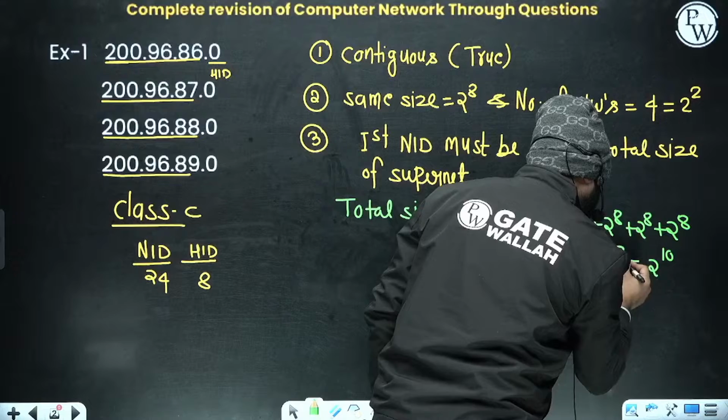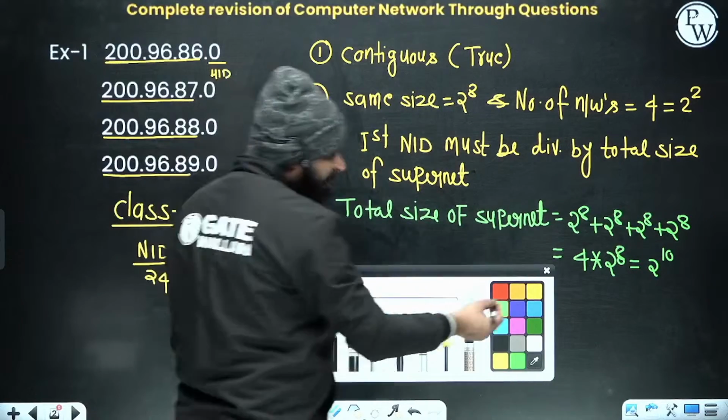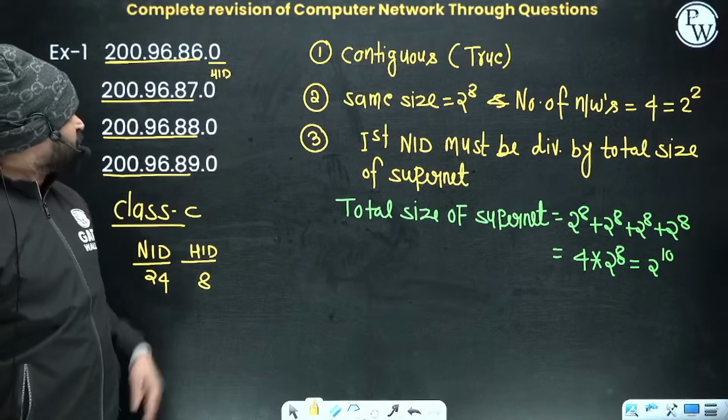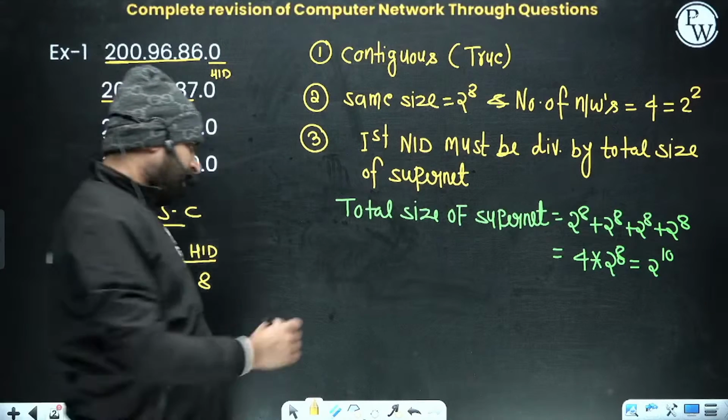Is it fine? Any difficulty? Now, the first network ID must be divisible by the total size of the supernet. So the first network ID is 200.96.86.0. Let me show you here.